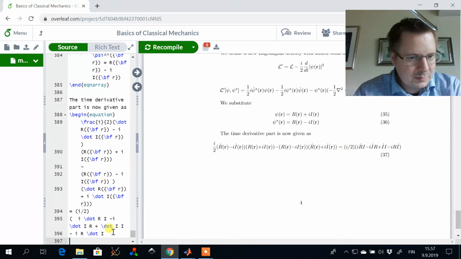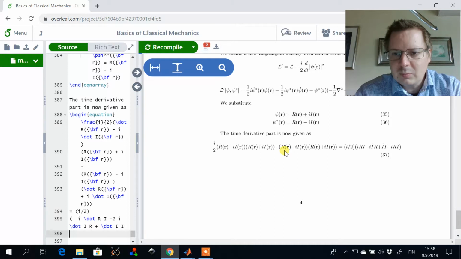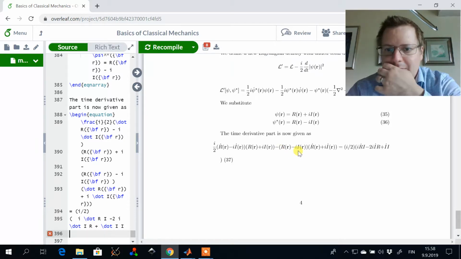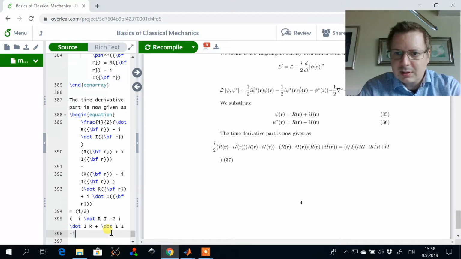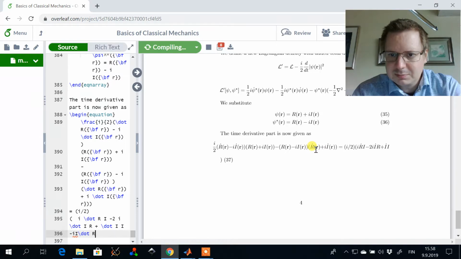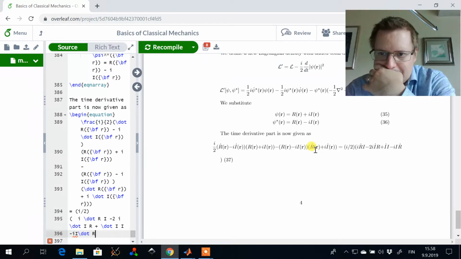So this one will be 2 times that one, and then we have minus I dot r. So this one times this one, and then we have minus and minus, so it's plus.